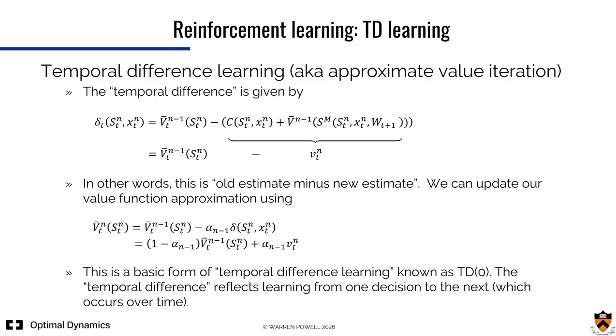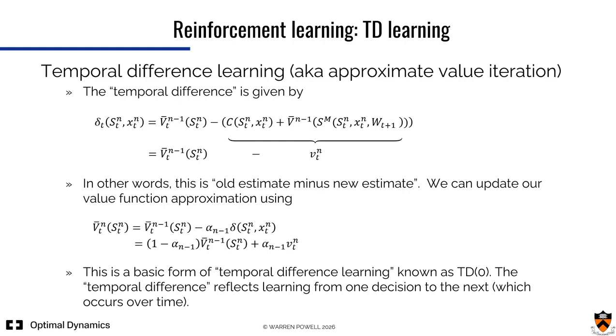I have the previous value function. So I'm going to have an iteration counter. v bar n minus 1 is my previous estimate of the value function, but I'm in iteration n at state Sn. Now I'm going to say, okay, if I'm in state Sn and I take action xn, determined according to some rule, let's not worry about that, then I can get the downstream value function from being in state Sn and making decision xn.